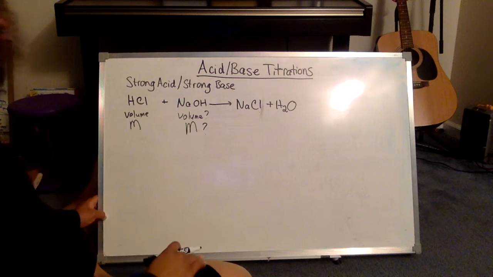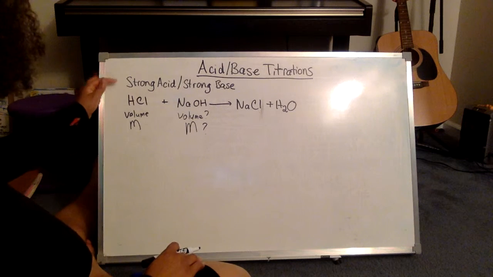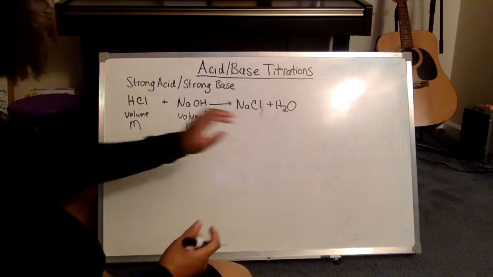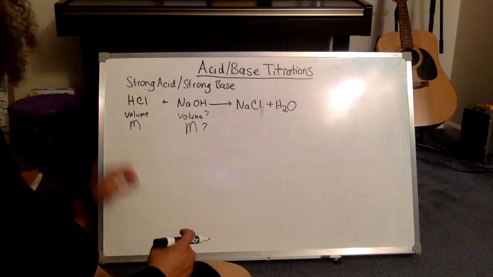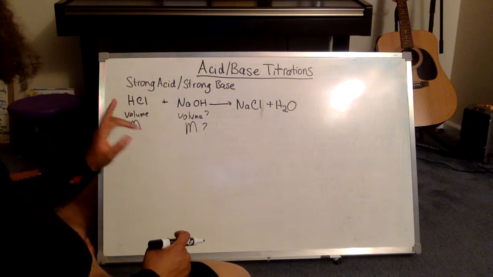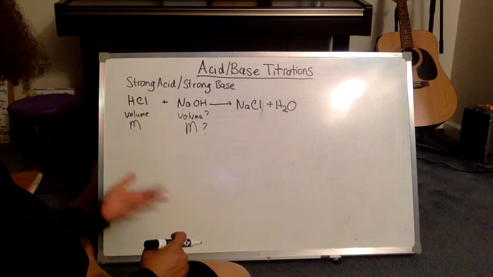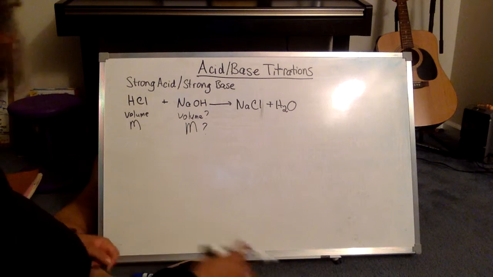And what we assumed is that if we have a strong acid and a strong base, they completely react, they completely dissociate, and form these electrolytes. Now, if we have one of these in excess, that's going to change the pH of our system. And so that's what we're exploring right now.